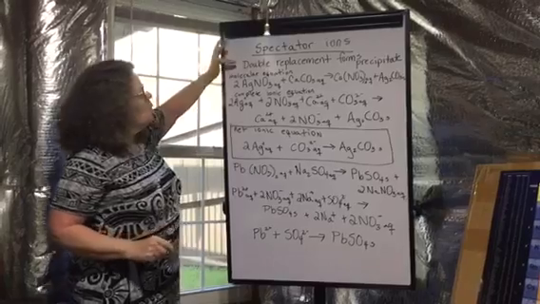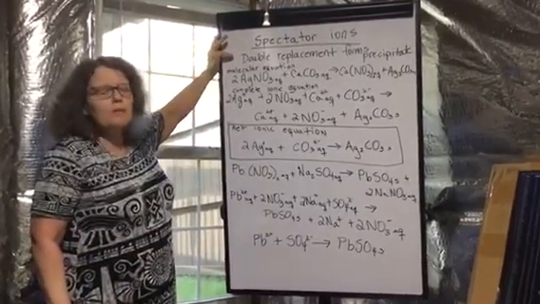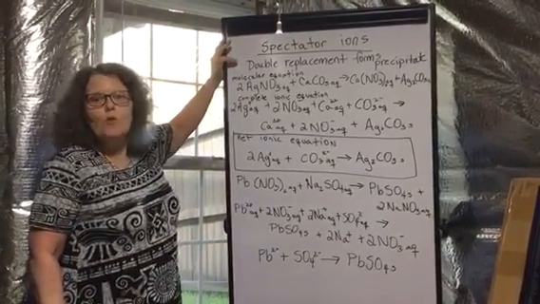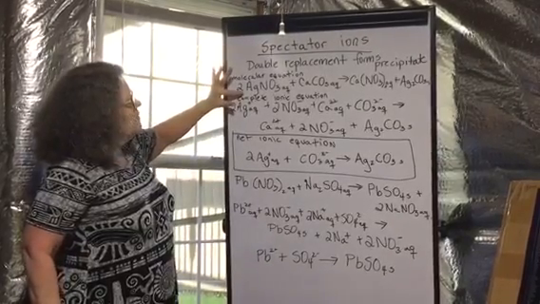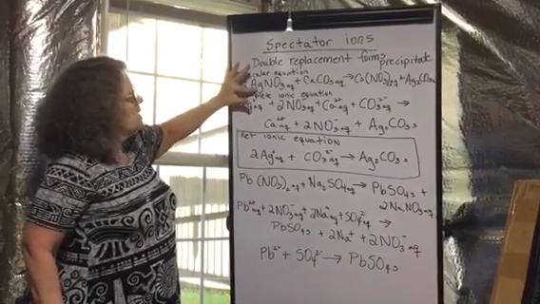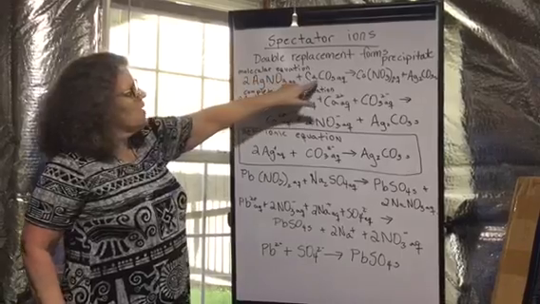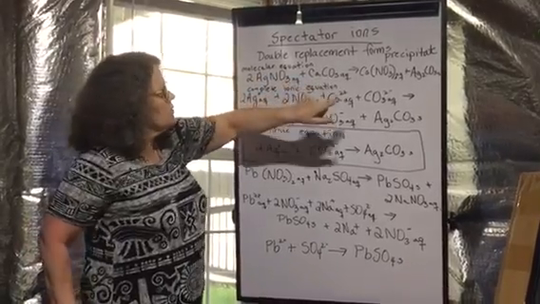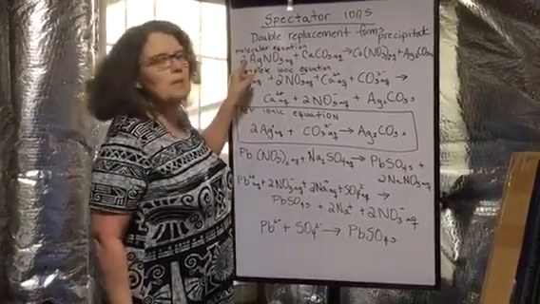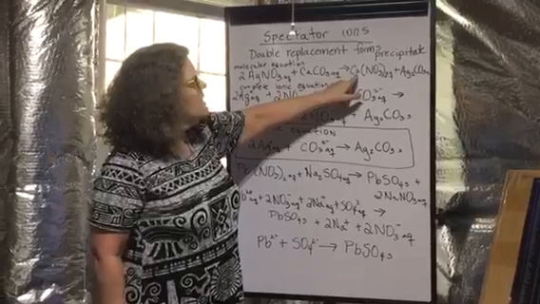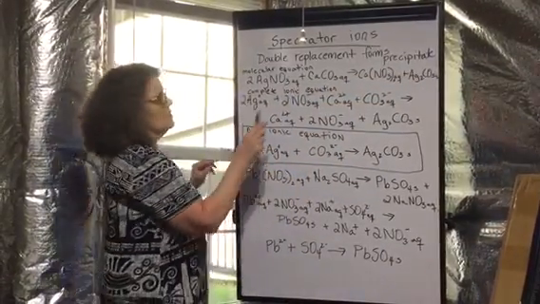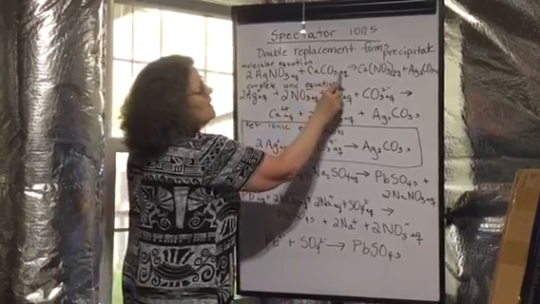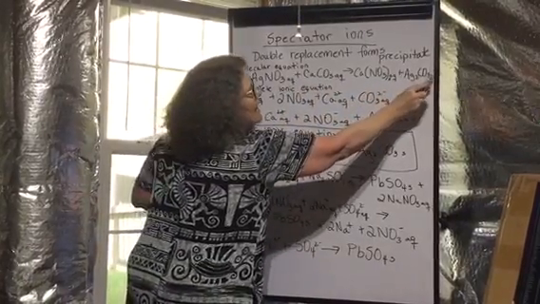Okay, we've done a number of double replacement reactions that form precipitates, okay? Like here, we have 2 silver nitrates, AgNO3, with calcium carbonate, CaCO3, and it's a double replacement. We get calcium nitrate and silver carbonate. Now, notice these symbols. You have aq, aq, aq, and there's an s, okay?